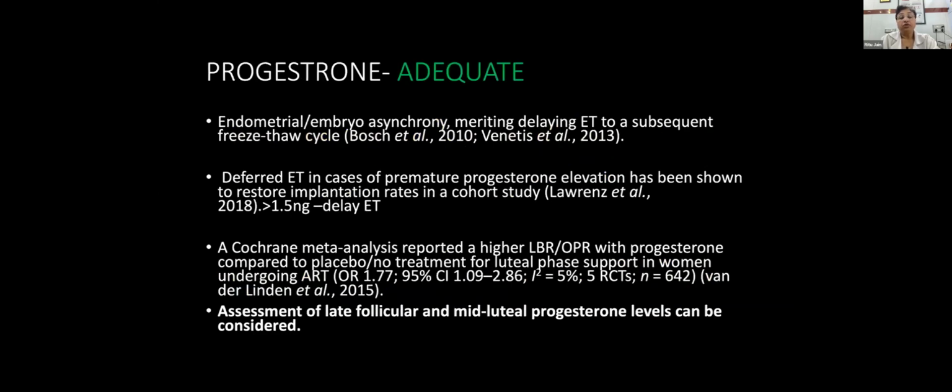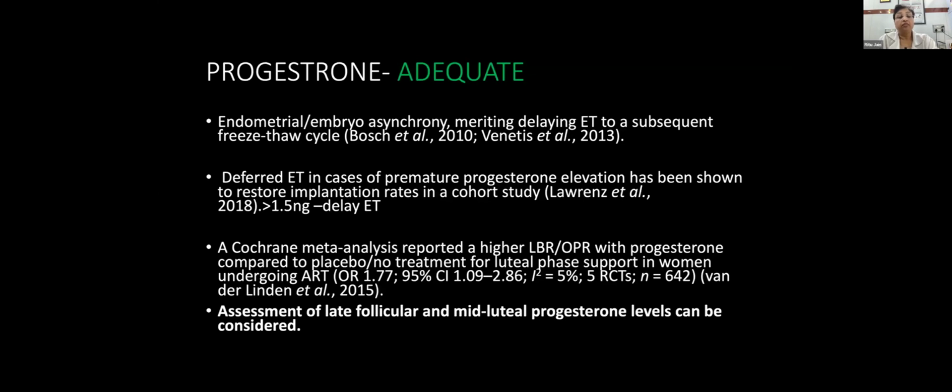Now, adequate progesterone level is very important. In fresh embryo transfer, whenever serum progesterone is more than 1.5 nanogram per deciliter, it is advisable not to transfer in the same cycle, because endometrial embryo asynchrony will not allow implantation to happen.